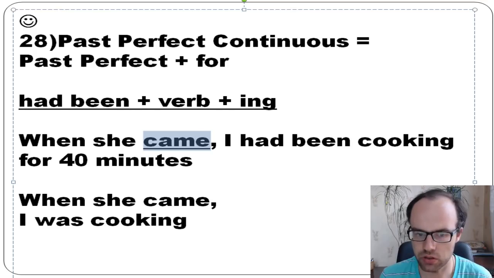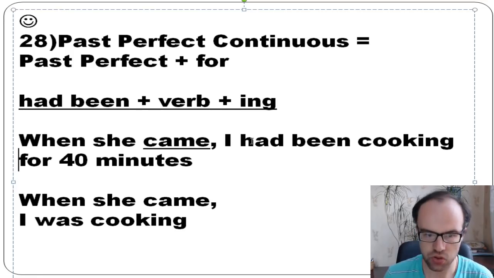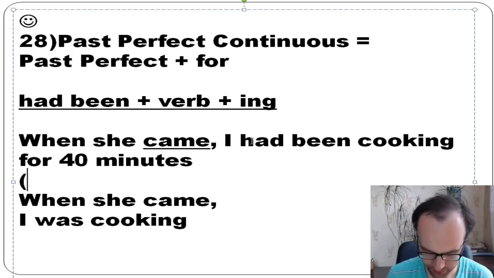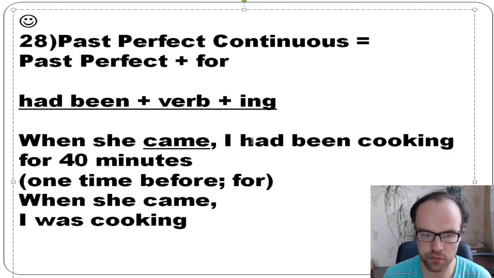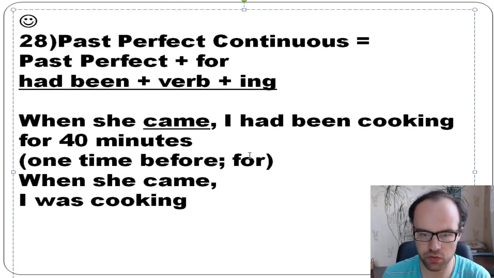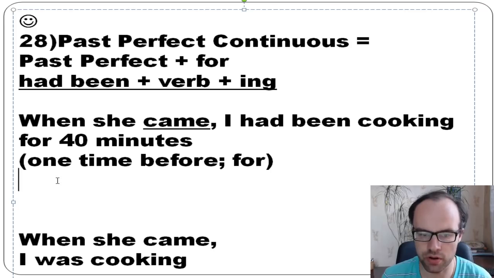I had been cooking for 40 minutes. So what does it mean? It's one time before, and you also have for.